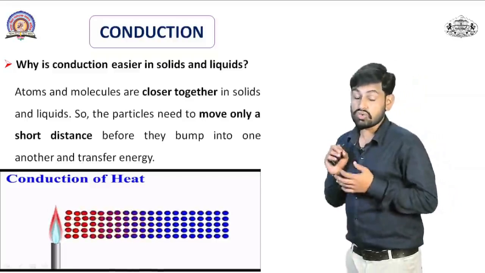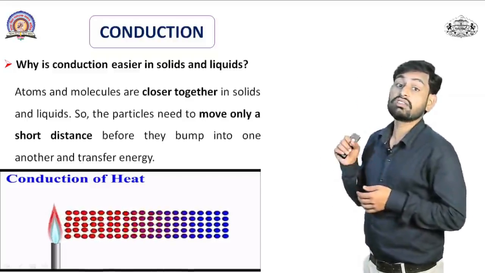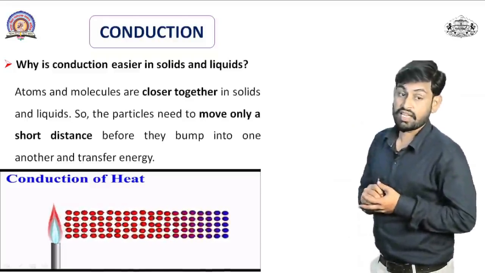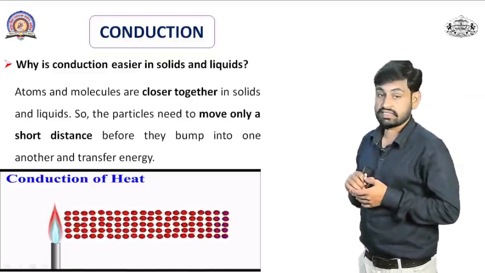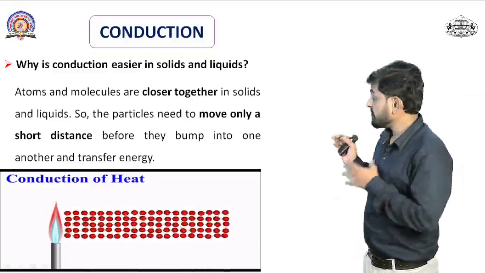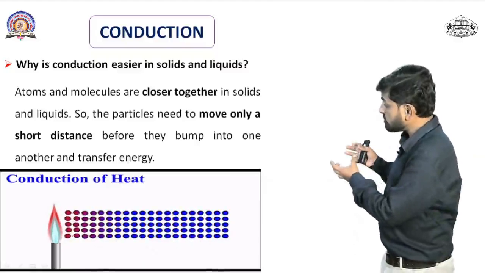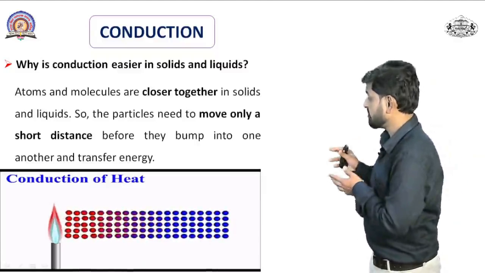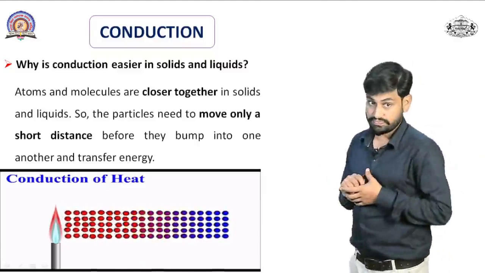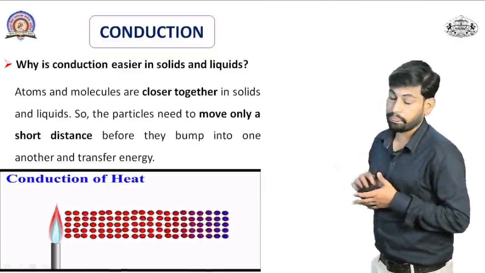Atoms and molecules are closer together in solids and liquids, as shown in the figure, where the molecules are closer together in a solid or liquid.